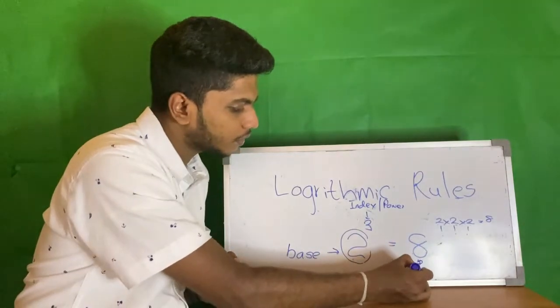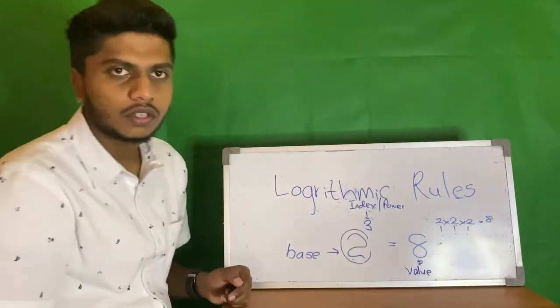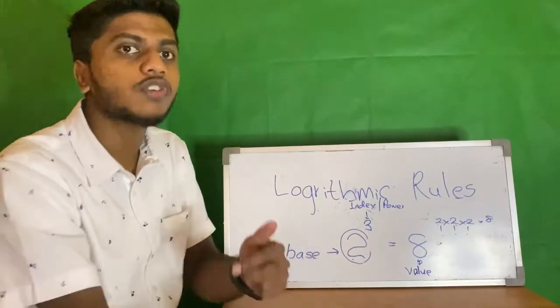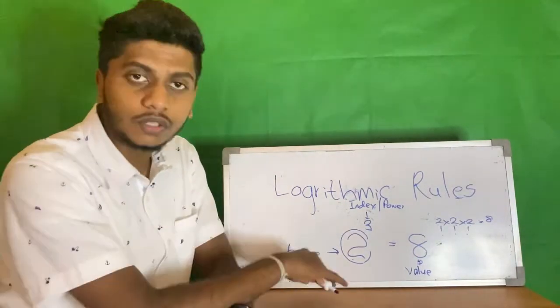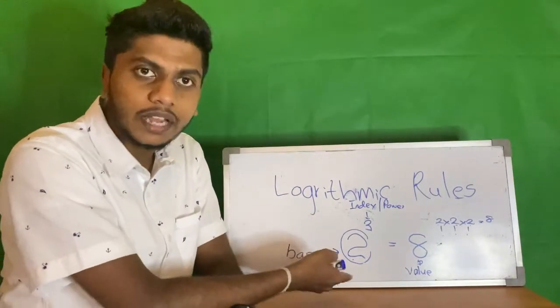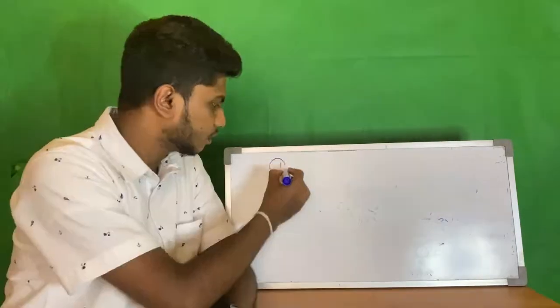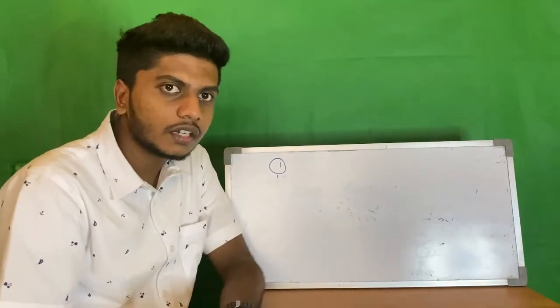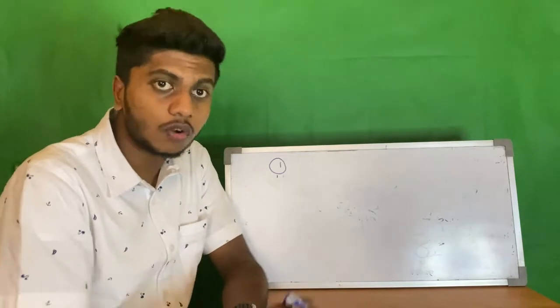You need to have this understanding to go for logarithms, so that's why I introduced this. I hope it cleared your mind, so you know how to write a power in terms of logarithms.